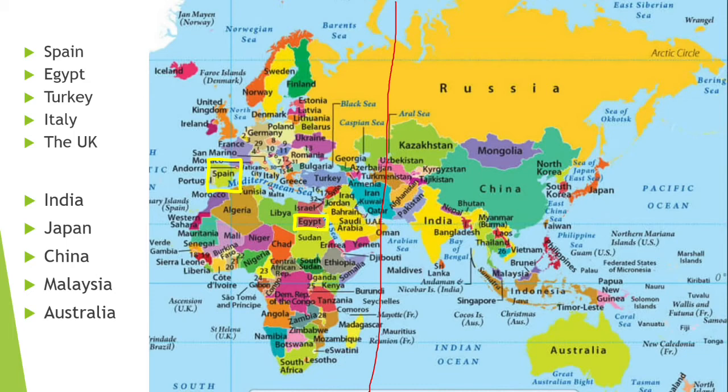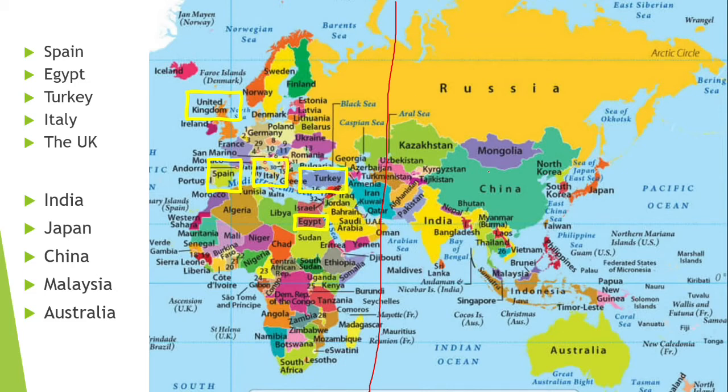Next we have Turkey. Can anyone find Turkey? Good, it's here, bordering Greece and Romania. Next we have Italy, followed by the UK. So the UK is a separate island from the main land. Okay, it is an island itself. Okay, the one in orange over here.